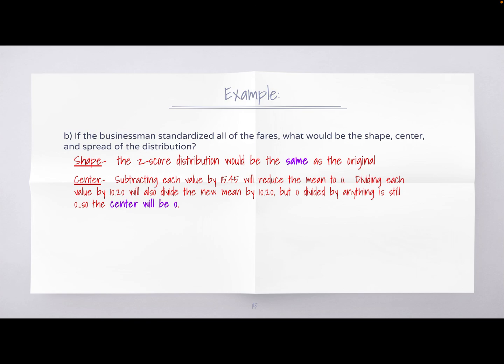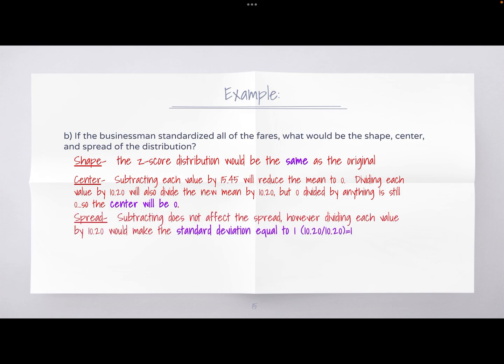The center: subtracting each value by 15.45 reduces the mean to 0. Dividing by 2 will also divide the new mean by 10.20. By dividing 0 by anything, this will still be 0. So the center will be changed. The spread: subtracting does not affect the spread.